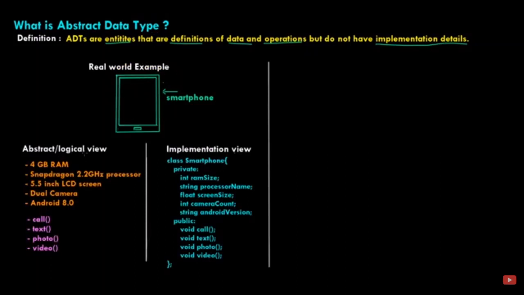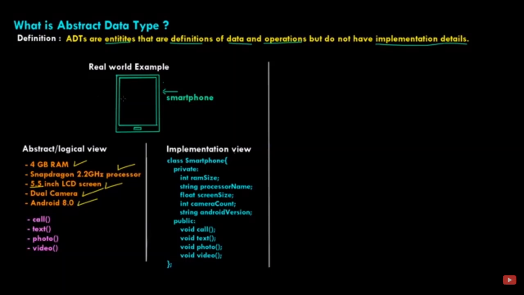So here we have an example for abstract data type. We'll take an example, a smartphone which consists of 4 GB RAM, Snapdragon 2.2 GHz processor, 5.5-inch LCD screen, dual camera, Android 8.0.